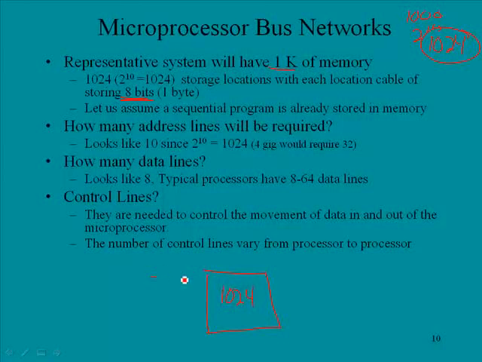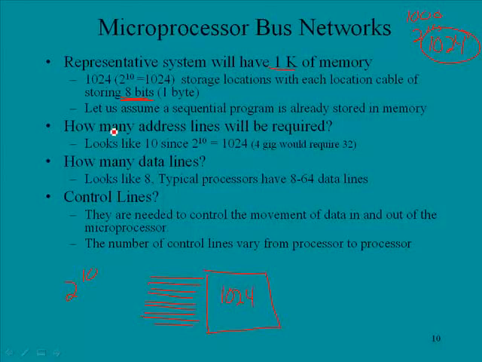And so what we're ultimately going to need is 10 address lines. Now, the reason is that 2 to the 10th is 1024. So if it was a larger memory, we'd have to have more address lines. So in our representative system here, we're going to need 10 address lines, because it'll take 10 digits to count up to 1024 in binary.